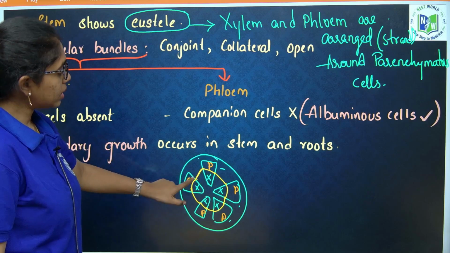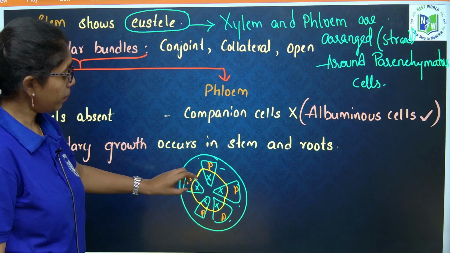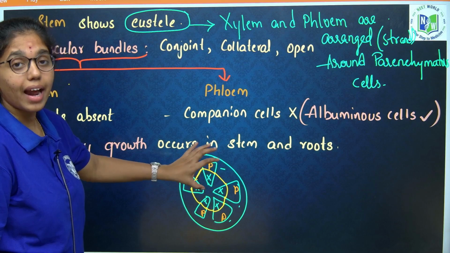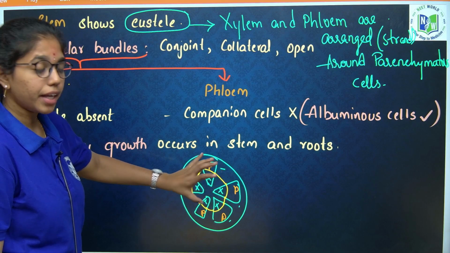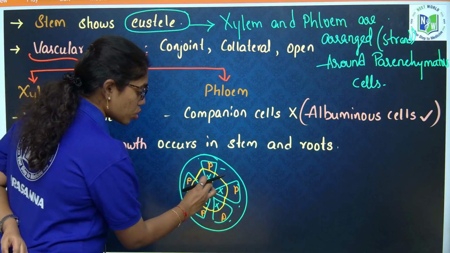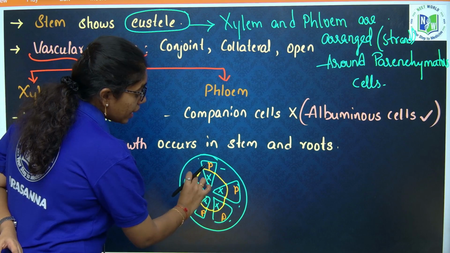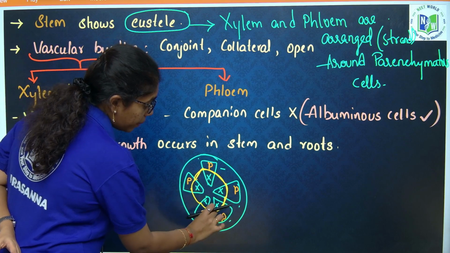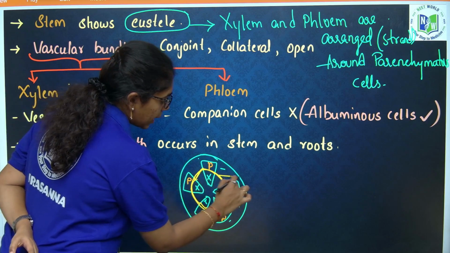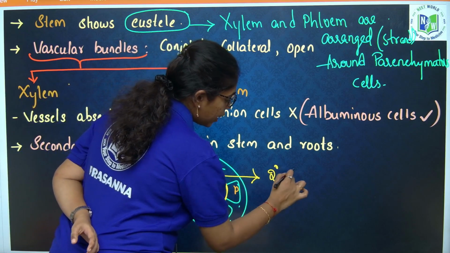So yes, here xylem is towards the center, phloem is towards the periphery, and the cambial ring formation is conducting secondary growth.